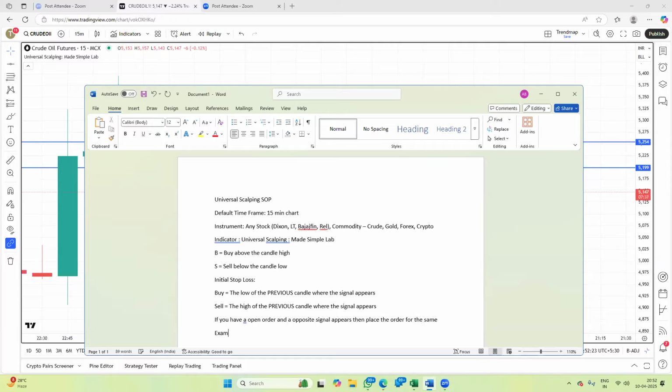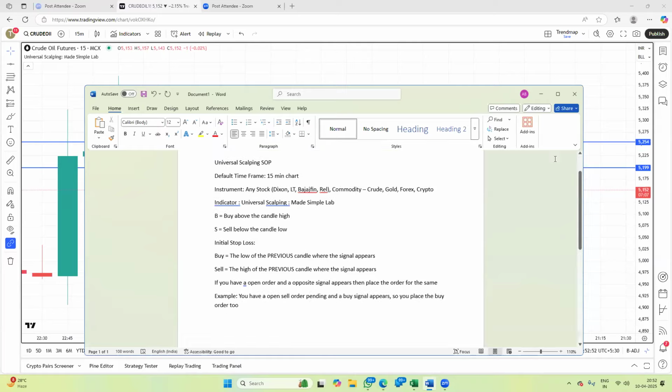For example, you have an open sell order pending and a buy signal appears, so you place the buy order too. Now, one question is: if I already have a sell order and another sell signal appears, ignore that.